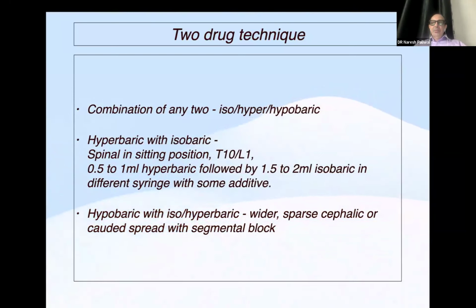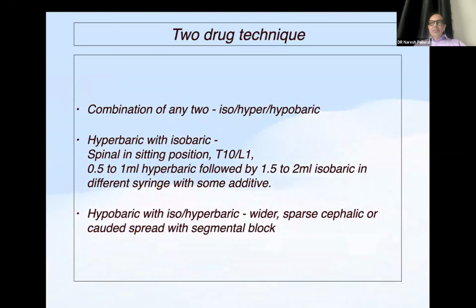In those cases, you can combine, in separate syringes, a very low dose of hyperbaric, just 0.5 to 1 ml initially in sitting position. And in a different syringe, you can add around 1, 1.2, 1.5 to 2 ml of isobaric drug according to need with some additive around T10 space. So this is about hyperbaric with isobaric for some abdominopelvic surgeries.